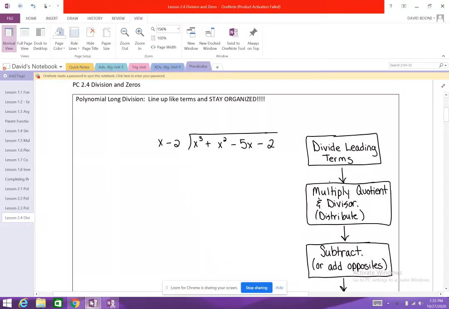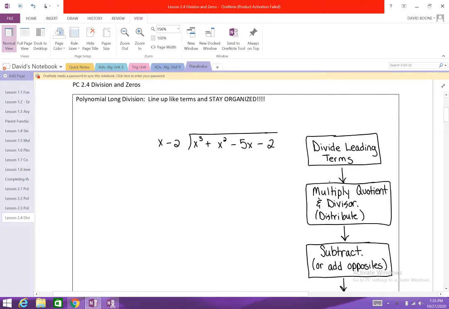Welcome, pre-calculus students, to lesson 2.4 on division and zeros. I'll tell you, in this lesson, this is what mathematics really teaches you at a basic level: staying organized.